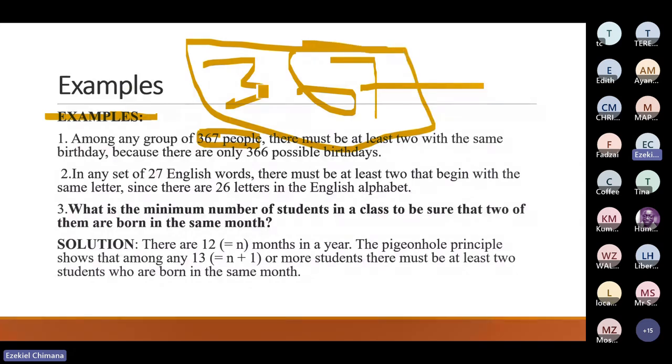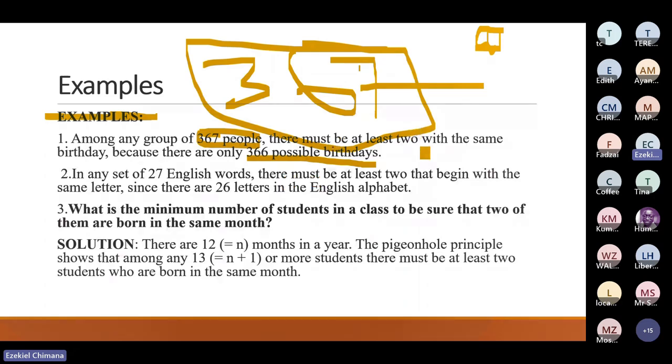Why? Because a year has 366 days, which means we've got 366 possible birthdays. So whenever we go to 367, this person will always have the same day as someone within these 366 days.